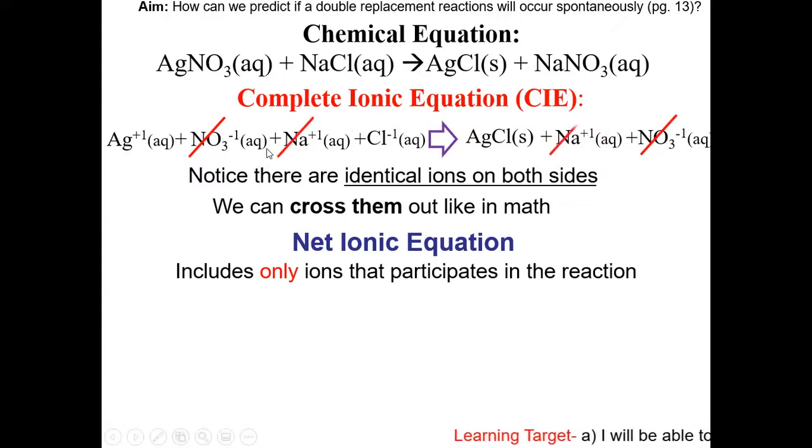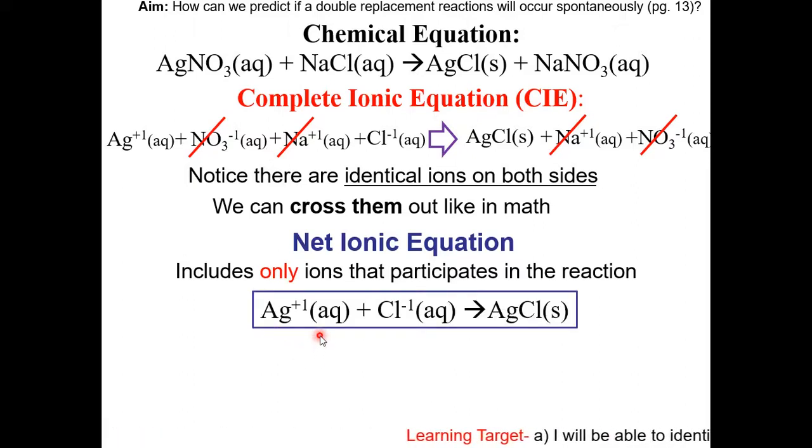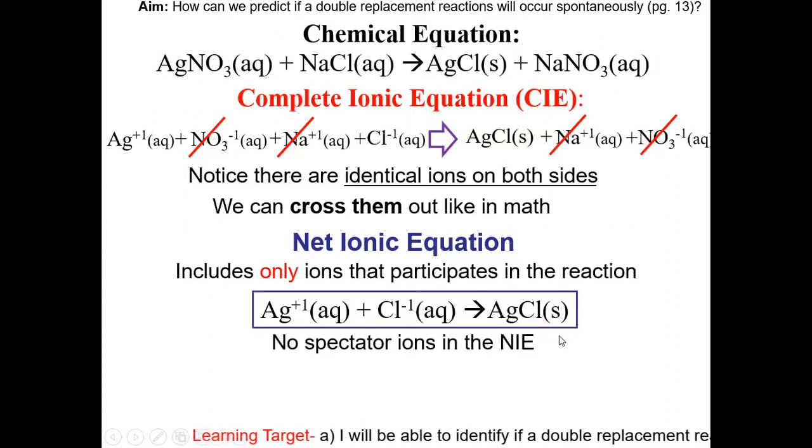We can cross them out. So notice we're crossing out the spectator ions. They are not participating in the reaction. They are still dissolved in the solution. So what we have left is the net ionic equation, which is silver ion plus chloride ion gives us silver chloride. So notice there's no spectator ion in the net ionic equation.